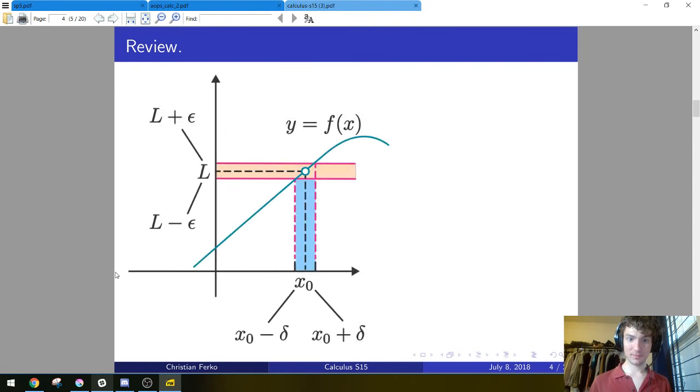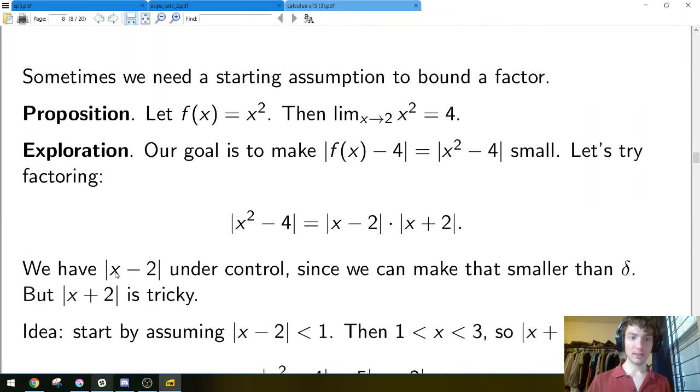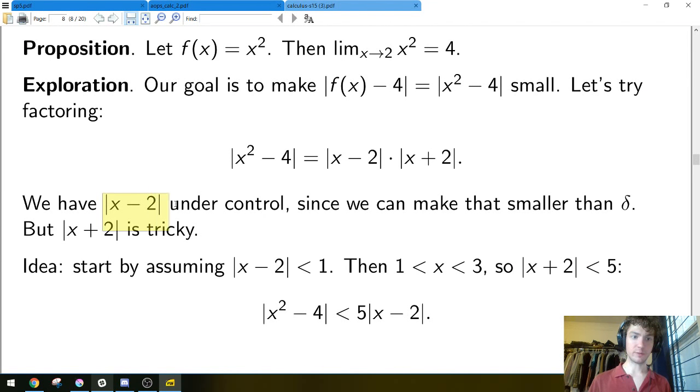That's part of the game. That's why I say here that we have the first factor, absolute value of x minus 2, under control, because we can make that smaller than whatever delta we want. So this thing is not really a problem to worry about. It was kind of hand-wavy, but is that clear? Or sensible, I should say. Clear is perhaps too strong a word.